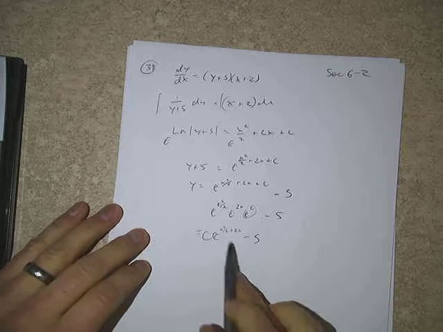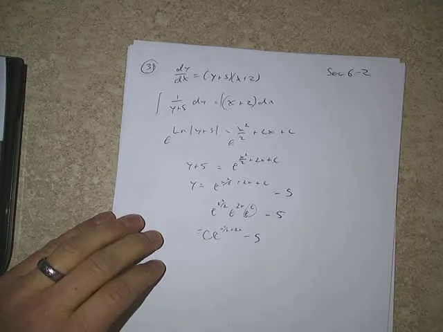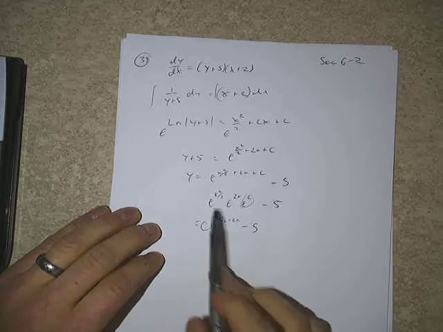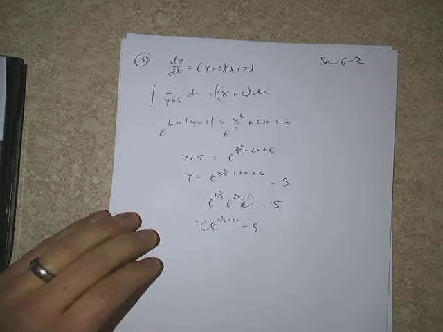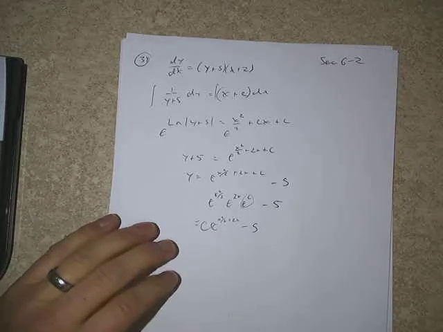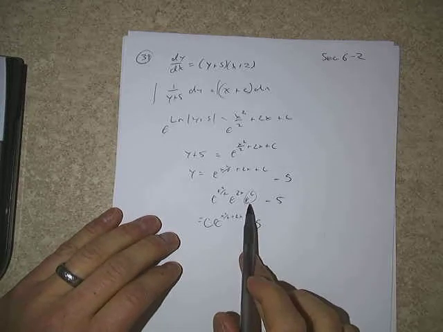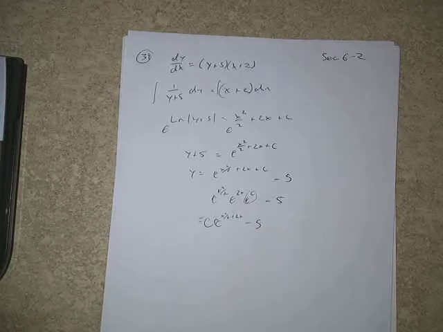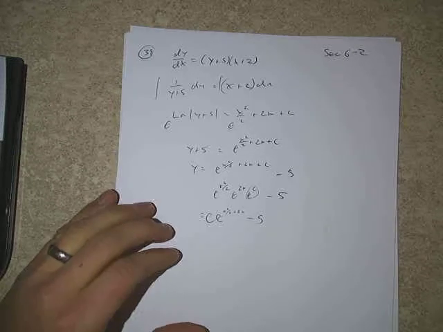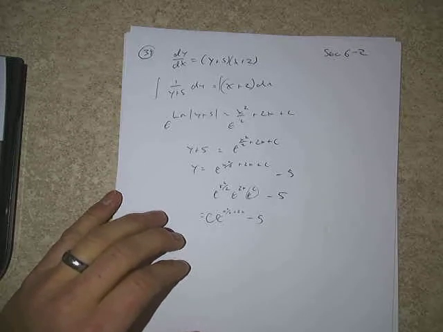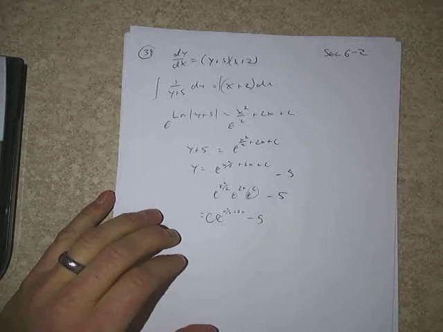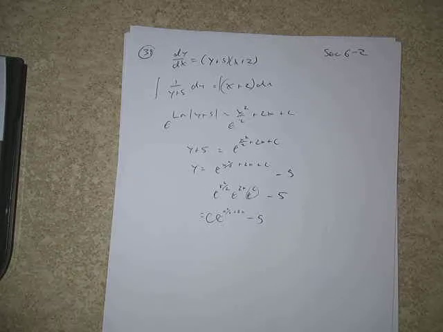And I'm assuming in the back they probably put that back out to the plus instead of having 2 e bases, I would assume. It wouldn't make sense to leave it as e times e because we can write it as 1 e with that power of those two added. But ultimately that's how they got the C out in front, because they allowed that e to the C just to be C. Which again, you need to just use some mathematical license, if you will, to understand that e to the C is just a constant. So what can we call it?